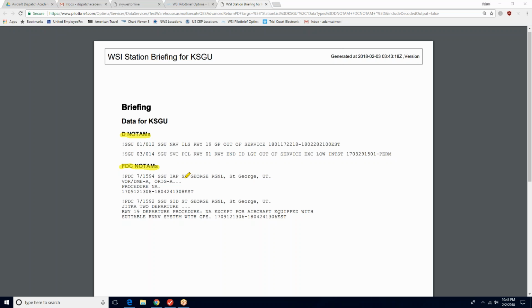And then specifically, D NOTAMs are basically giving us information on the status of navigational equipment, runways, taxiways, radios. Basically it gives us the status on physical equipment at an airport.